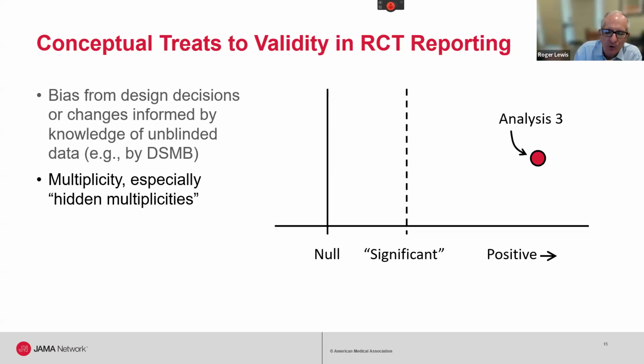We don't know what you do in the secrecy of your office. So we have to depend on documents to assure us that there are not analyses 1, 2, and 3, but the analysis that we see was the single pre-specified one that was defined without knowledge of the particular data that arose within your study.